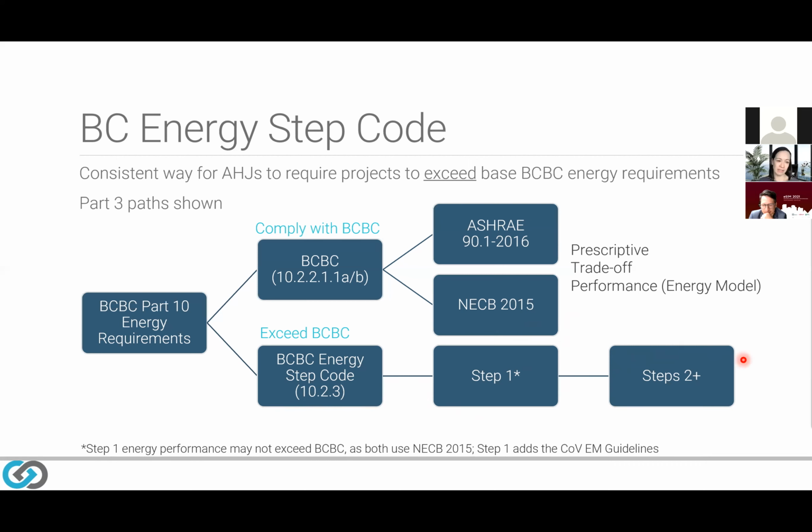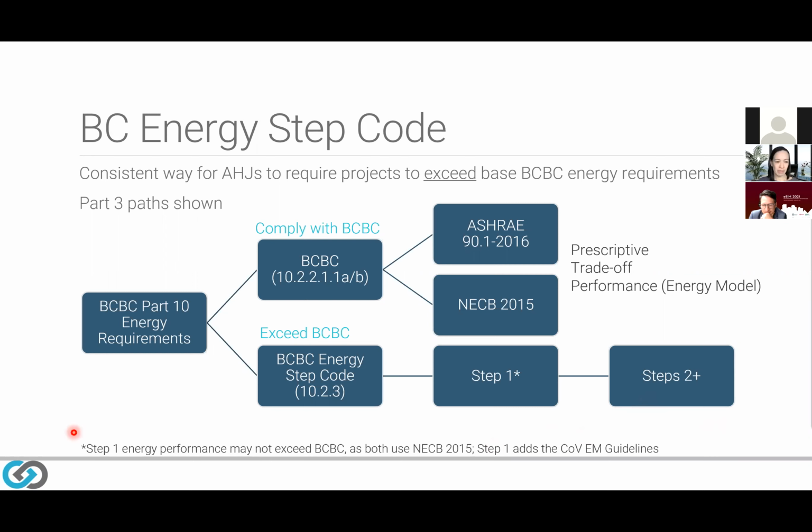So that's the benefit of the step code, that consistency between jurisdictions. And then, of course, the other piece is that as the code improves along the way, we know basically where BC is going. We know that in the future, they're going to adopt step 1 as the base code. Step 2 will follow that, et cetera. So ultimately, we basically have a clear outline of where the code is going as a pathway to net zero.